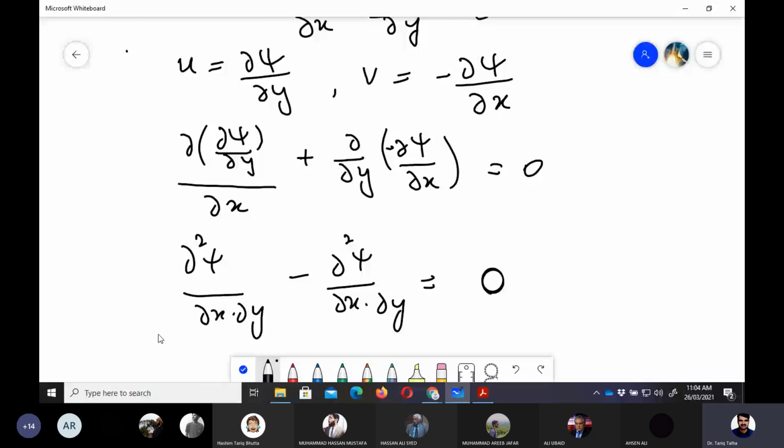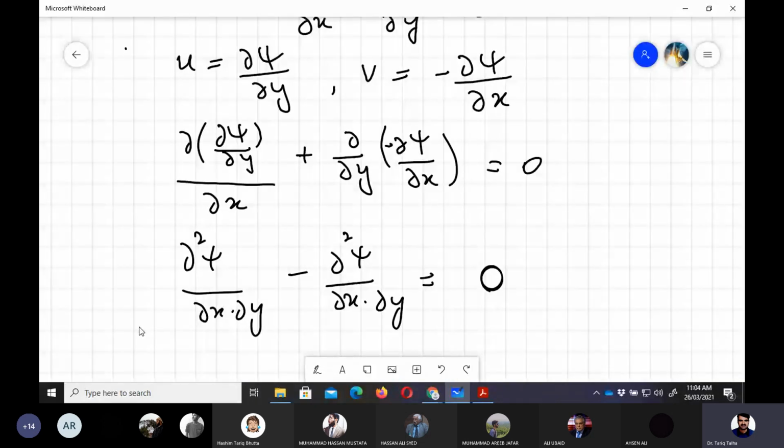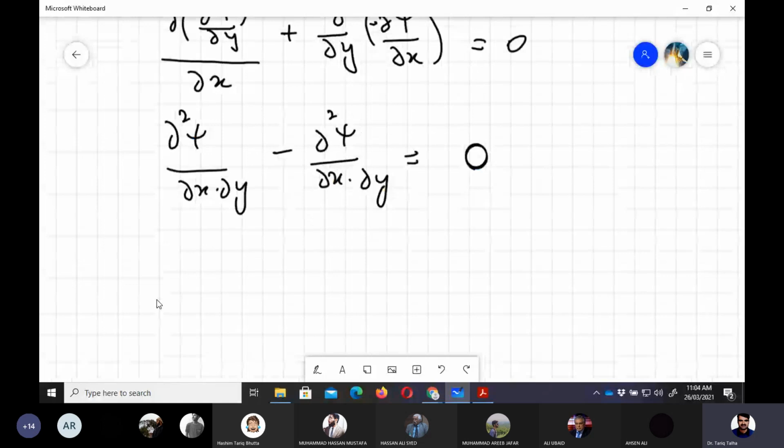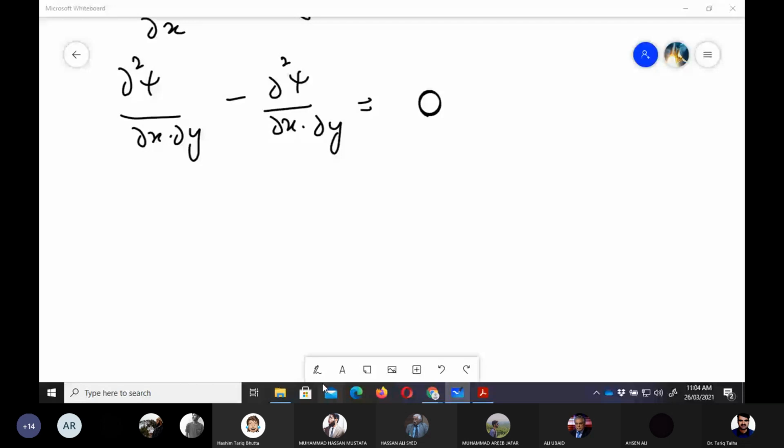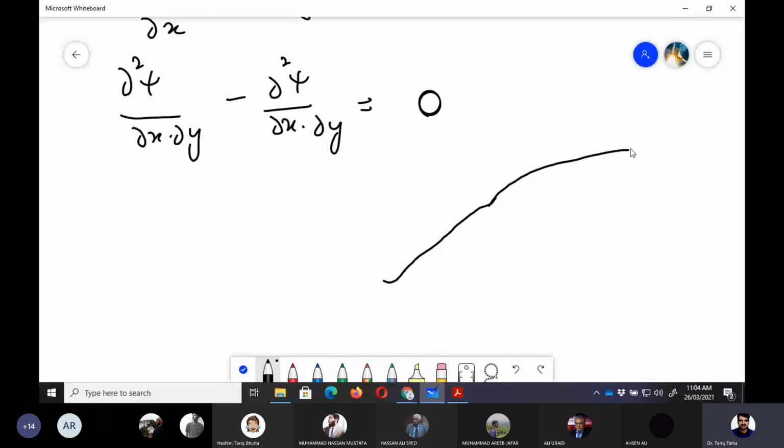If we have a streamline like this, and we define a velocity vector at one point, it would be tangent to the streamline, and it would have two components: the x component and the y component, u and v.